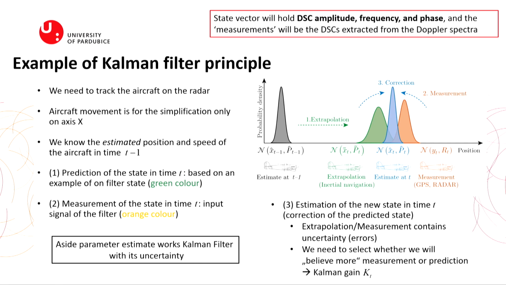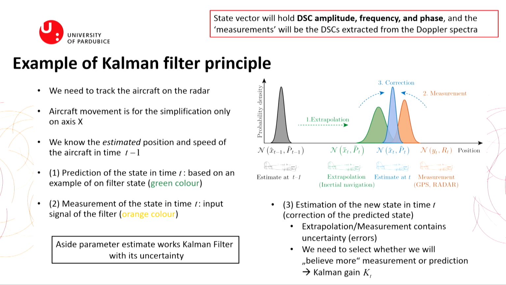It depends on whether you believe more in green or orange, but you can easily recognize it from the shape of the Gaussian distribution. It will be more and more narrow. It is clear that it is more precise and you can believe more in this, like the measurement or the extrapolated value, and so on.